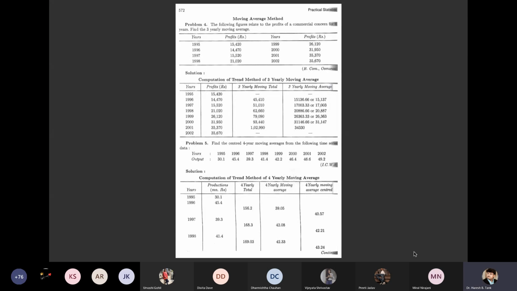To get the next element, the first 2 years are to be eliminated. Again make a bunch of three: 97, 98 and 99. 15,520, 21,020 and 26,120. While making the sum of these three, what is the total? 62,660.